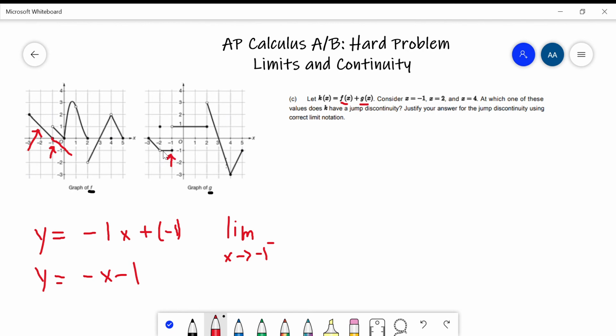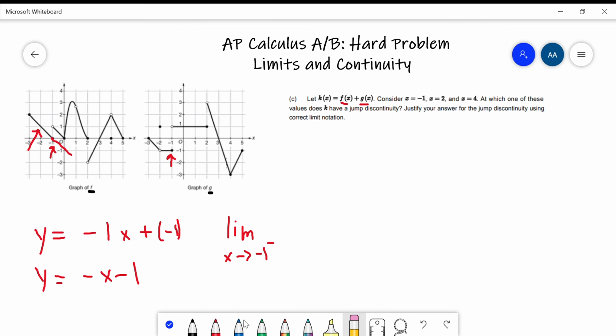So as x approaches -1 on the graph of g, what is it? We can see it's just a straight line, really. It's at y equals -1. So that means if this were extended, if we were to extend this part of the graph, it would keep on going in either direction. So let's erase that.